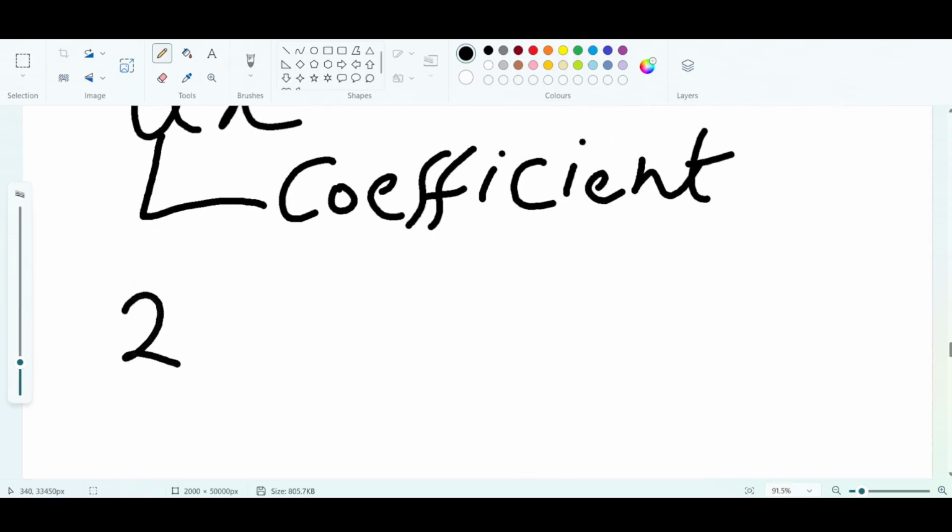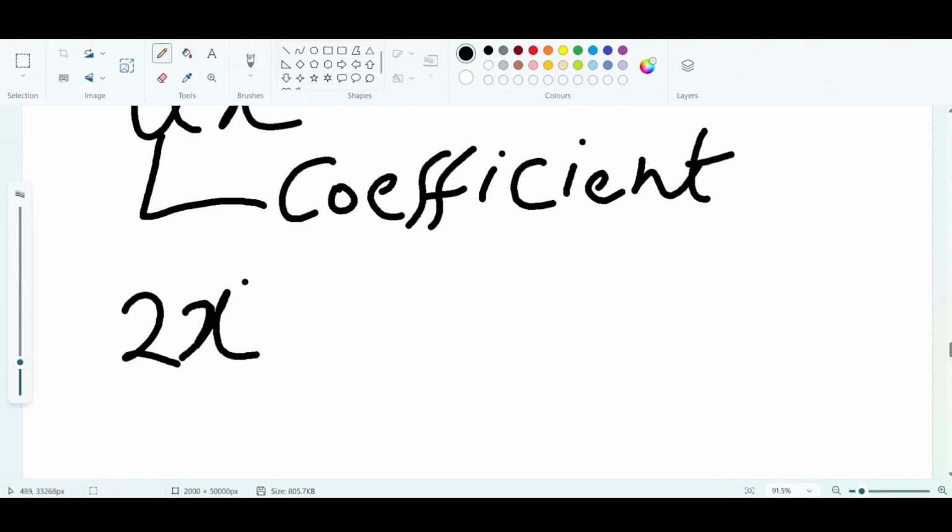Like when we see 2x, 2x is an expression that involves 2 and x. So this 2 is multiplying the x, and this 2 is a number, and x is the letter here. And when there is nothing like power here, it shows that the power is 1.